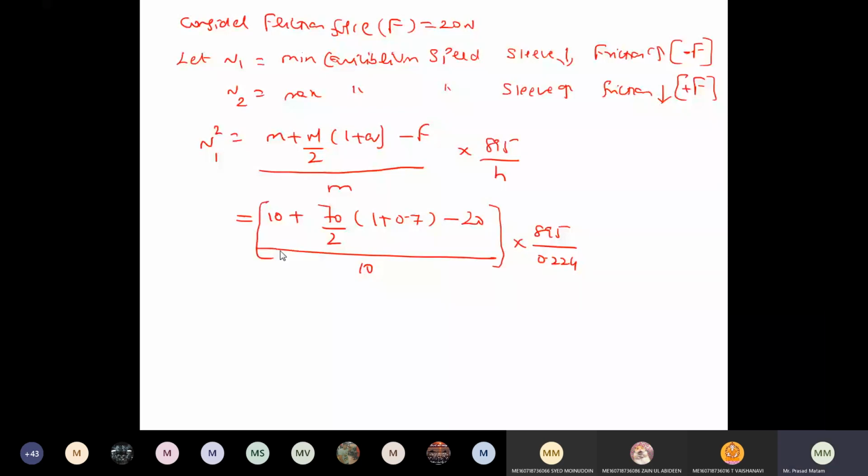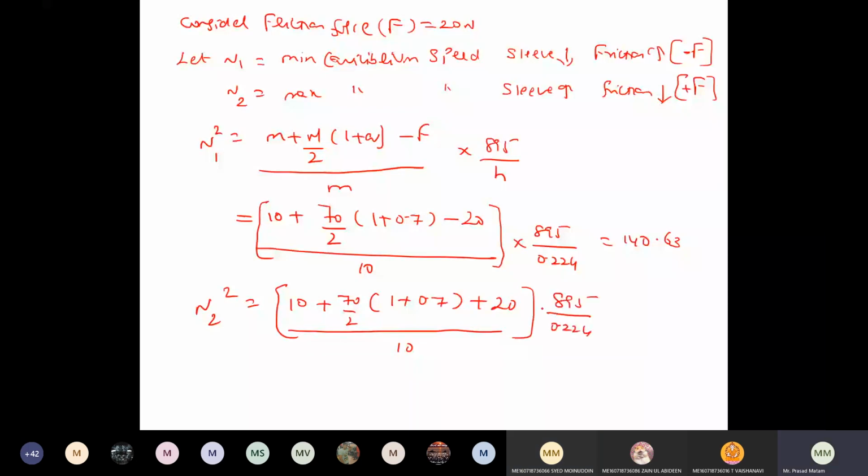And let us go for N2 square. Sir, 140.63, sir. Okay, 140.6. 70 by 2, 1 plus 0.7 plus, I am taking for N2, by 10 into 895 by.